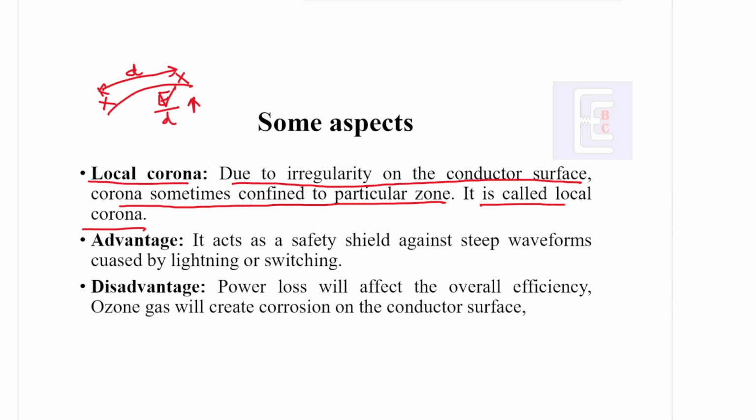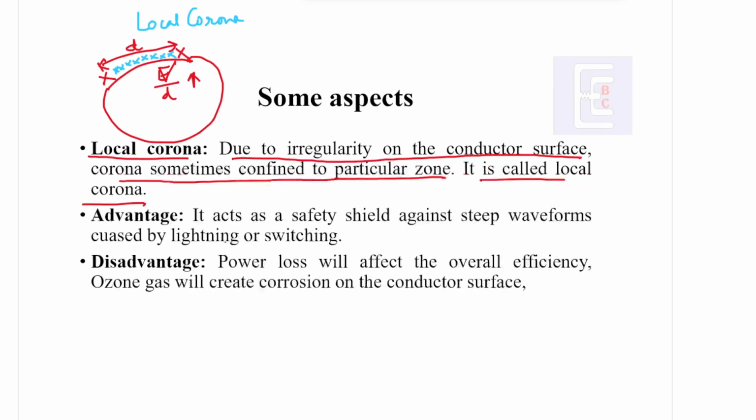So corona starts forming in this particular zone, but not for the entire conductor. It is only in this zone that corona is happening, not for the rest of the conductor. That is why it is called local corona.